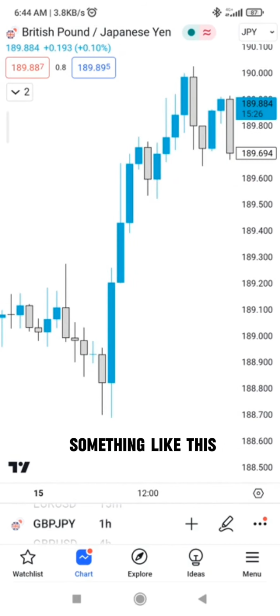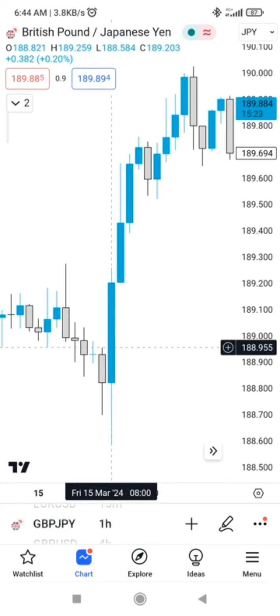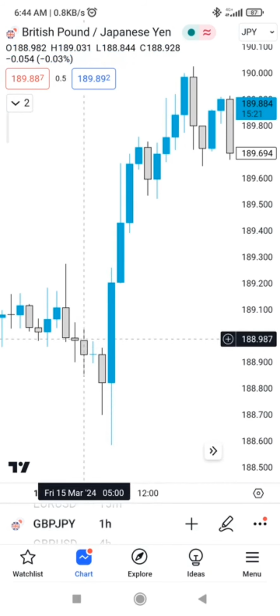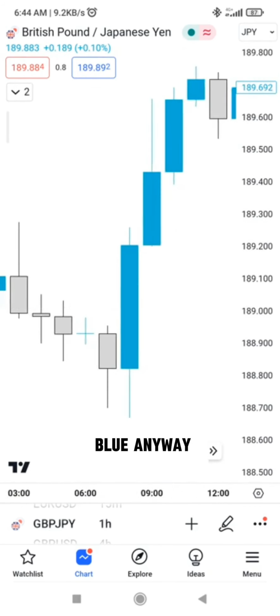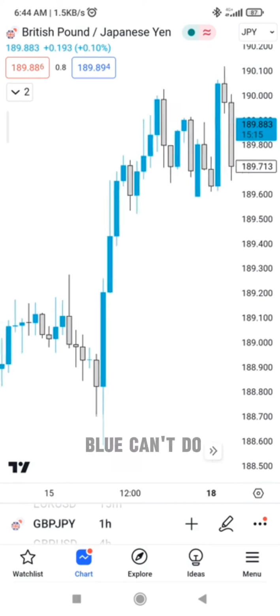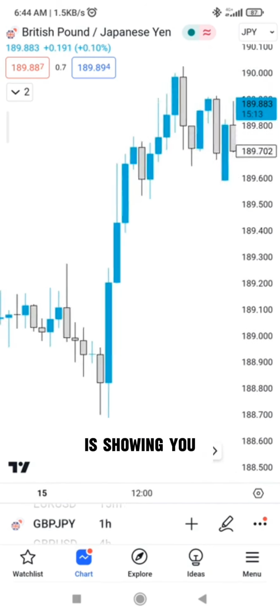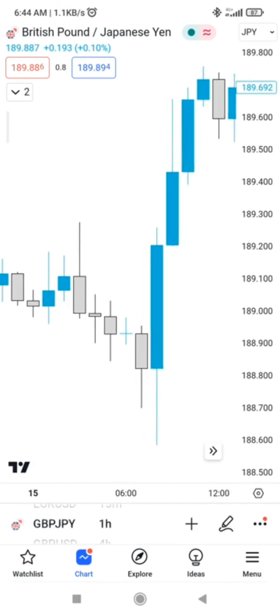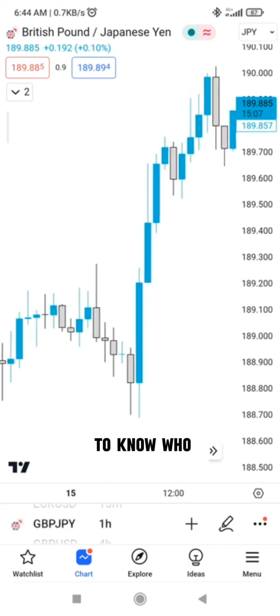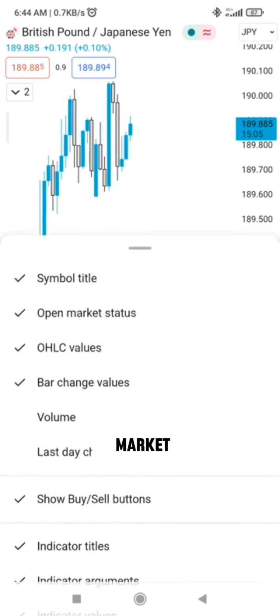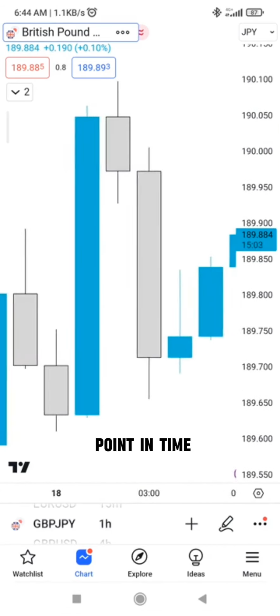Anywhere you see a long blue candlestick like this, it's showing you that the buyers are in the market. Anywhere you see a gray candlestick, it's showing sellers are in the market. So you need to know who is in the market at any particular point in time.